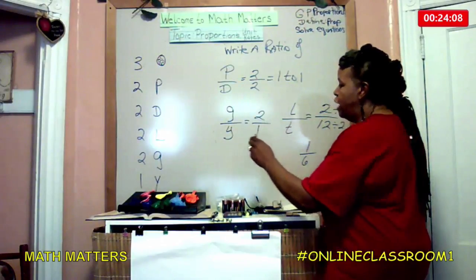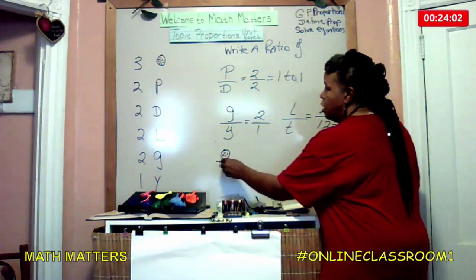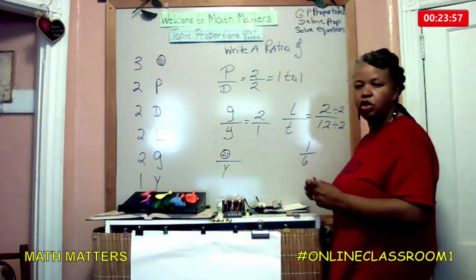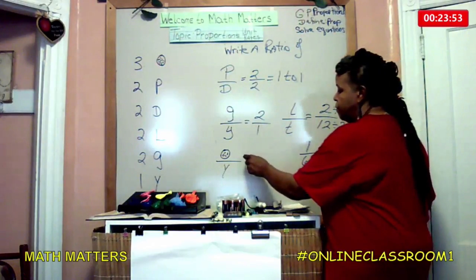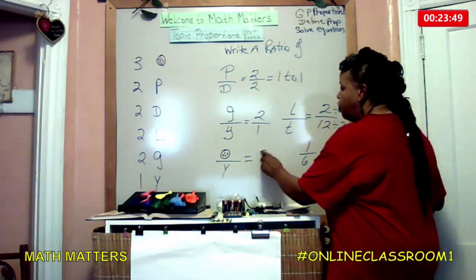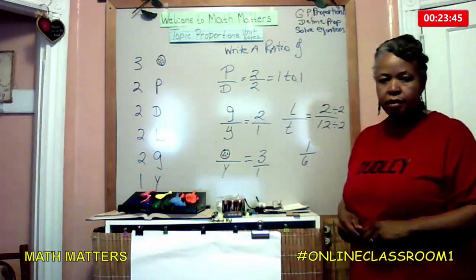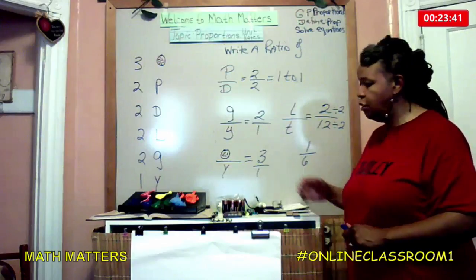What is the ratio of orange to yellow? Pretty easy, huh? Just go to our board and we have 3 to 1. Okay, 3 to 1 is the ratio of orange to yellow.